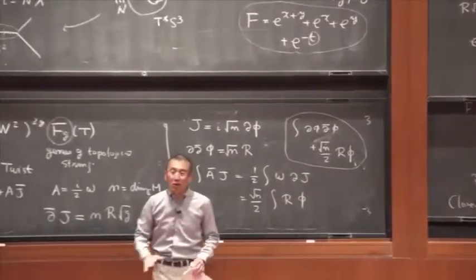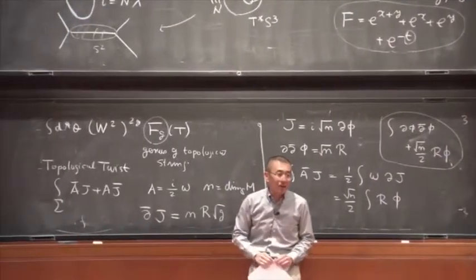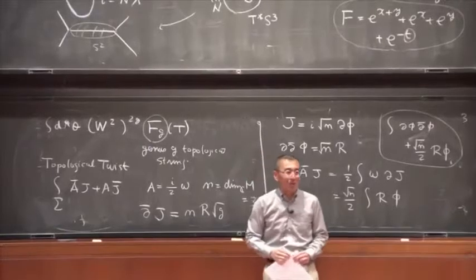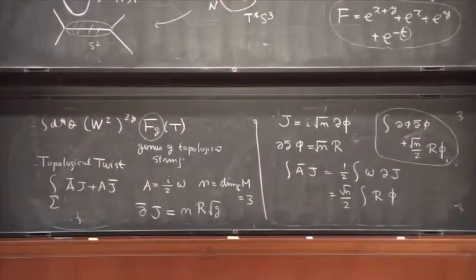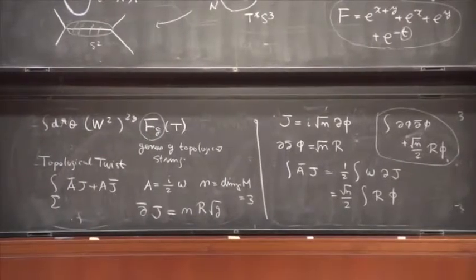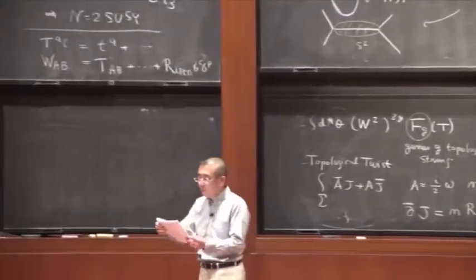This is a true statement. You can derive it, not beautifully, and I hope there will be a beautiful derivation of this statement. Anyway, if you take this as a fact, then you can do various computations.